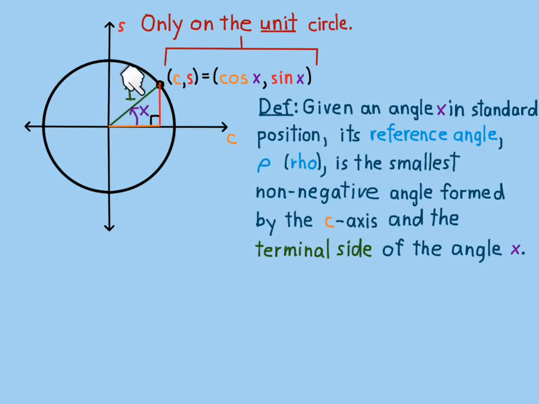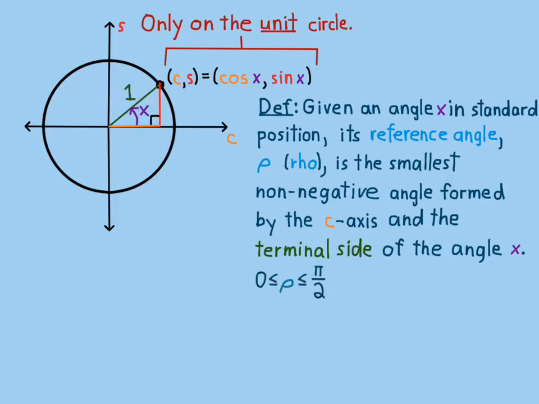Now, you could have the same terminal side and wrap around the whole time. Remember, like 2 pi plus x, and you'd get the same cosine and sine, right? But rho would still be x, okay?